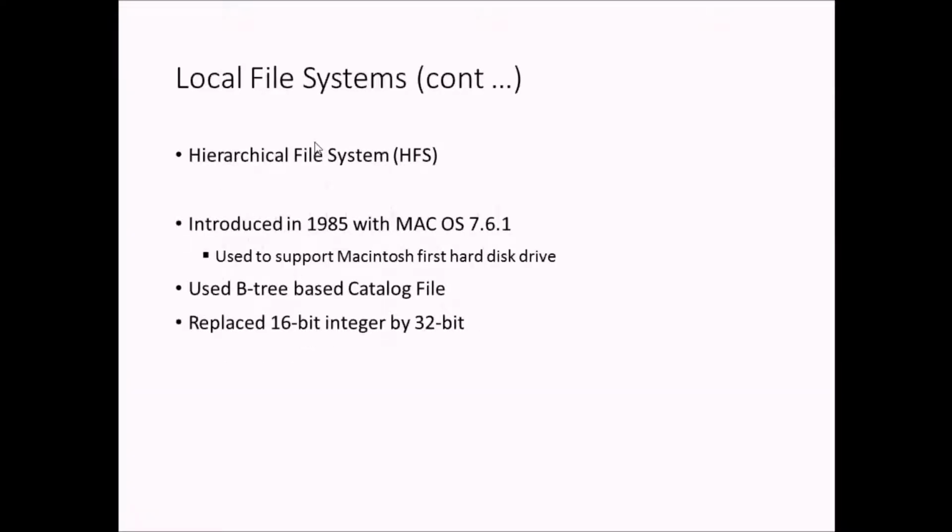Let's now talk about another category, the Hierarchical File System, HFS. It was introduced later, in 1985, with macOS version 7.6.1. It was used to support the Macintosh fast hard disk drive. It used a B-tree based catalog file. It replaced the 16-bit integer with a 32-bit integer.